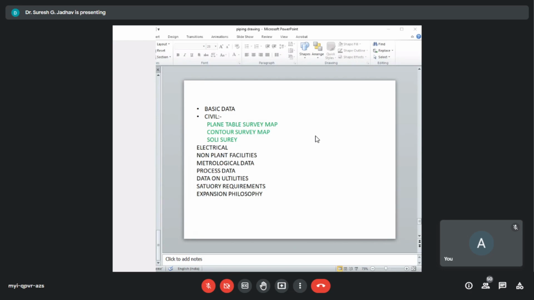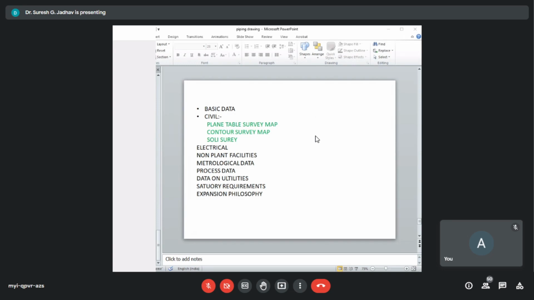In the warehouse, which parameters do we have to cover? First is the covered area, open area, solid warehouse, then liquid warehouse. The next non-plant facilities are steel or scrap yards, fire stations, weighbridge, and the last point is the staff colony. So these are the non-plant facilities.